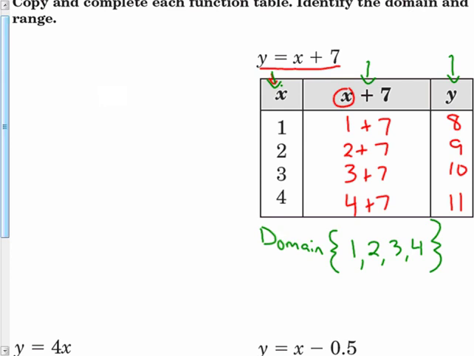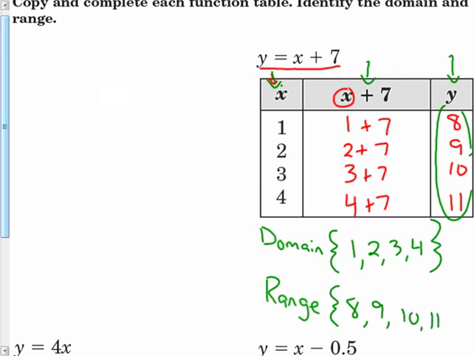Now I need to do the same thing for the range. I have the range, and I'll label it with a bracket. My range numbers are my y values, so I'm going to list 8, 9, 10, and 11. So there's my first function table, complete and with the domain and range labeled.